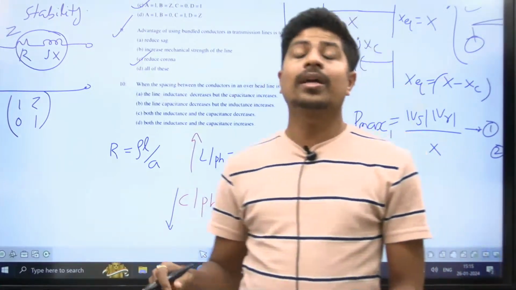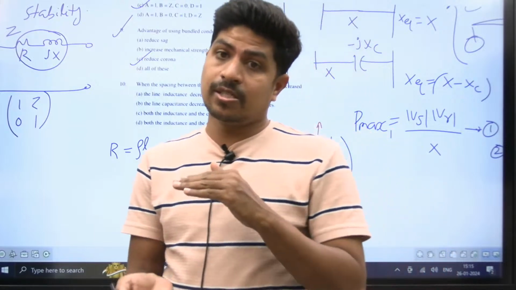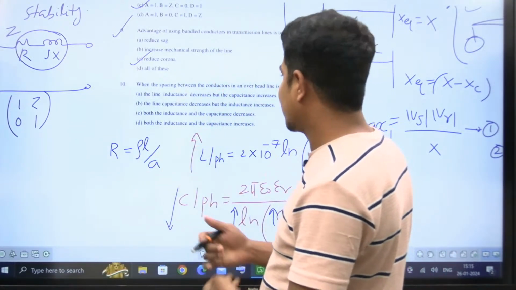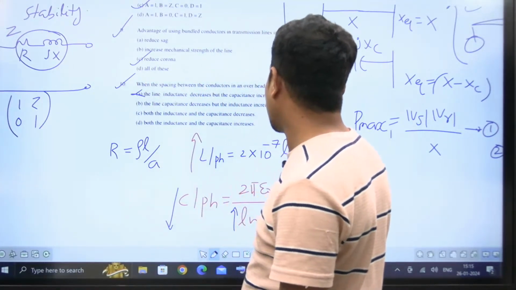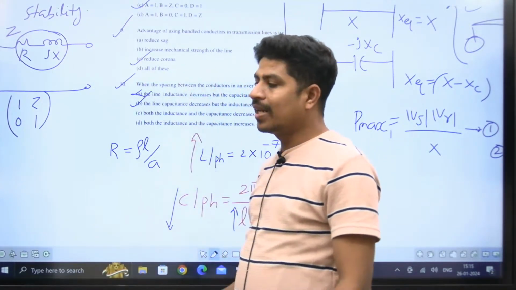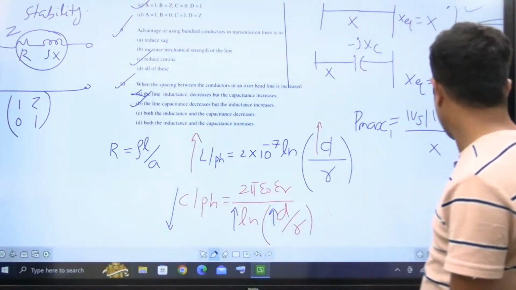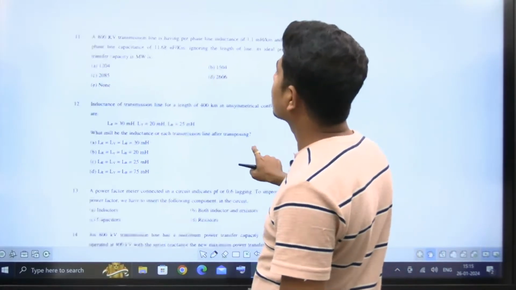If the distance between two conductors is incremented, capacitance per phase will decrease, inductance per phase will increase. These are the options. Option A, line inductance decreases, is not correct. Option B, the line capacitance decreases but line inductance increases. Yes, the line capacitance is decreasing, inductance is increasing. Observe these options, right? Let's go to the next question.